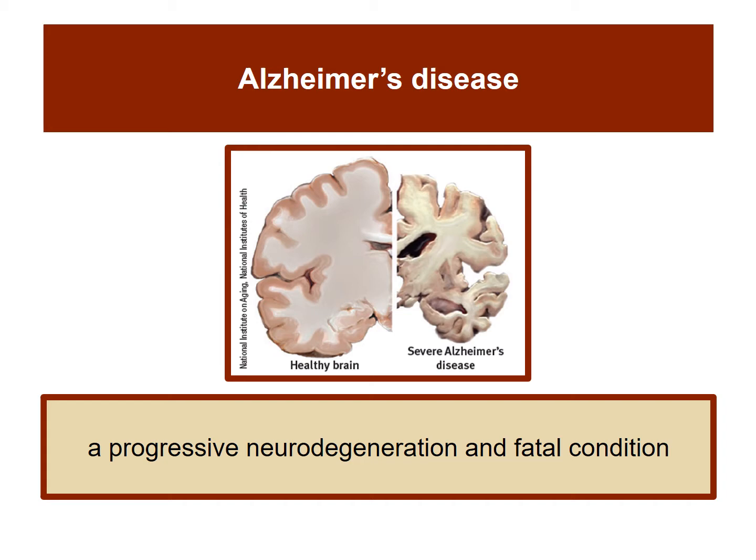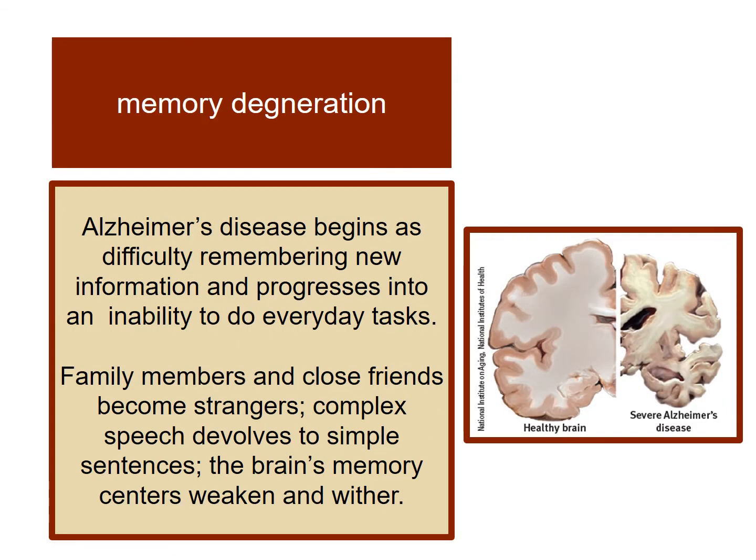If you look at this diagram, you see on the left-hand side a healthy brain, and on the right-hand side a brain of a patient with severe Alzheimer's. Alzheimer's disease begins as difficulty remembering new information and progresses into an inability to do everyday tasks. Family members and close friends become strangers, complex speech devolves to simple sentences, and the brain's memory centers weaken and wither.